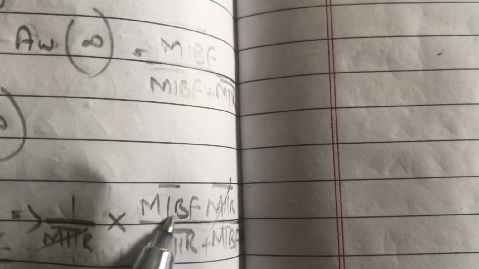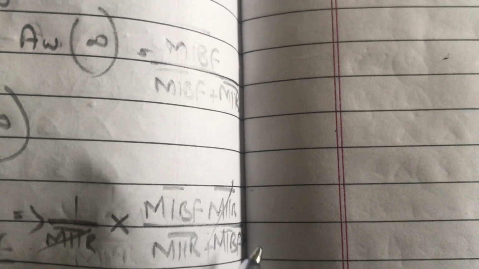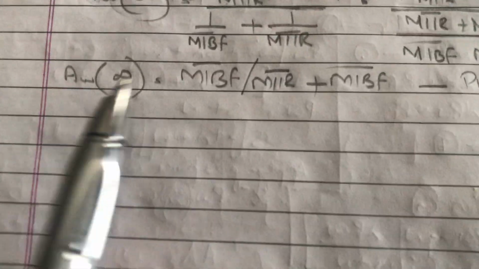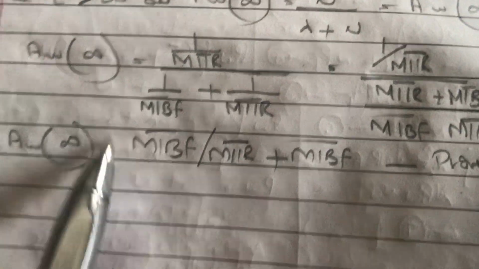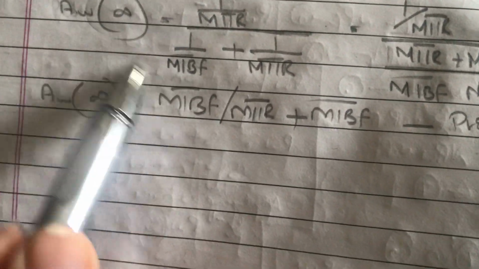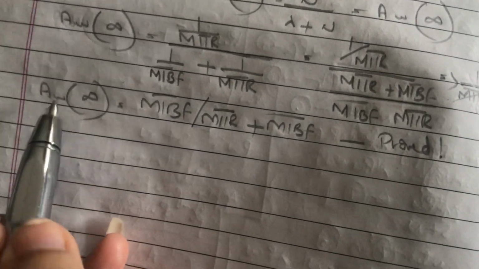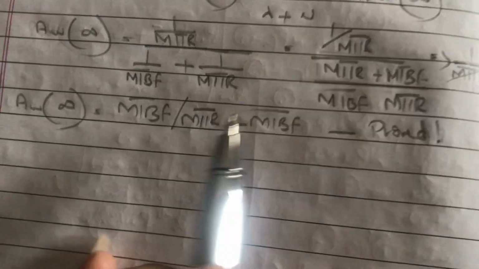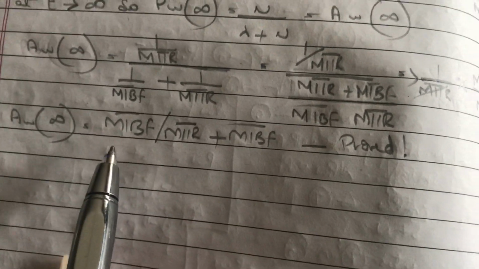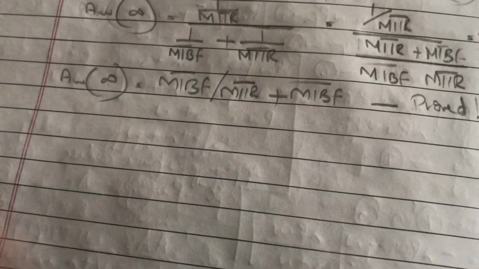What remains is MTBF over MTTR plus MTBF. Here you can see this, MTBF over MTTR plus MTBF. So this is the proof. We have brought this A infinity in this form, as we know we already have the formula of A infinity as this, and we have proved it by our equation and calculation also.